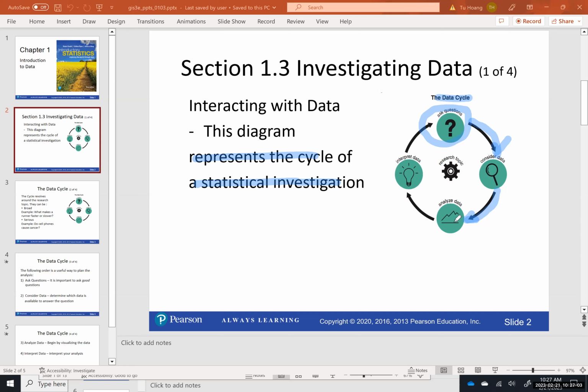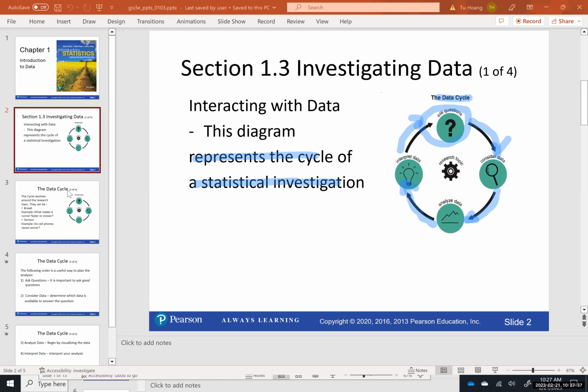And after analyzing, I'm going to interpret it and then have the conclusion of it. After finishing some conclusions, I can keep having a new question, and then the cycle keeps going that way. Okay, so that is about the cycle with interacting data here.